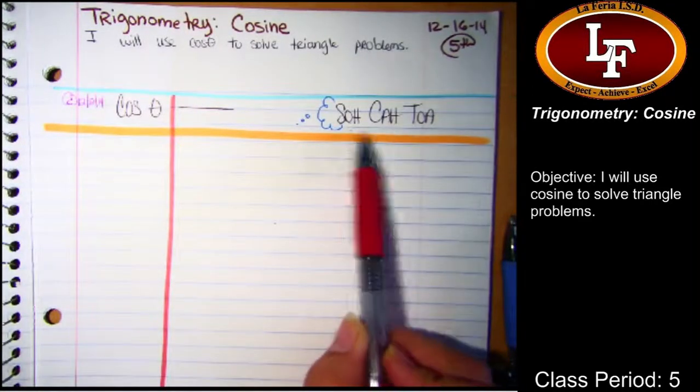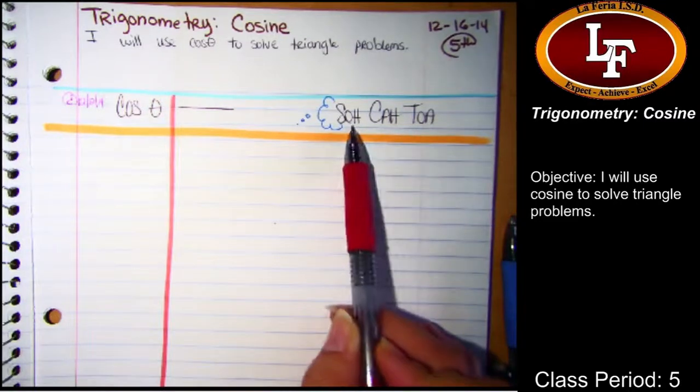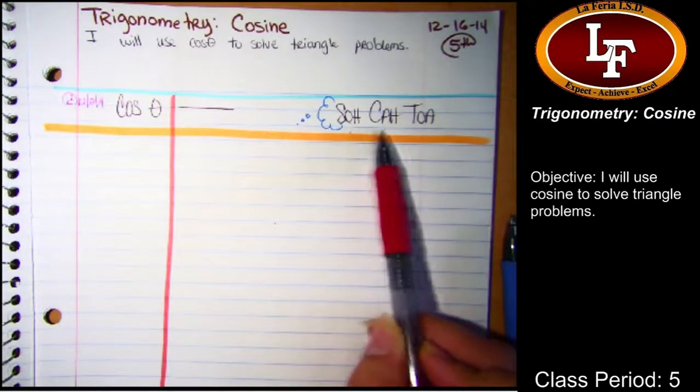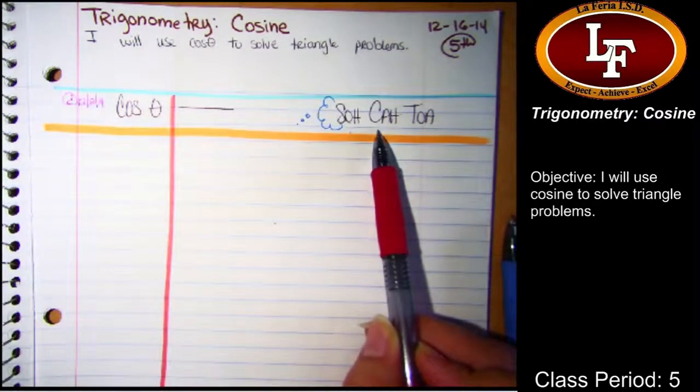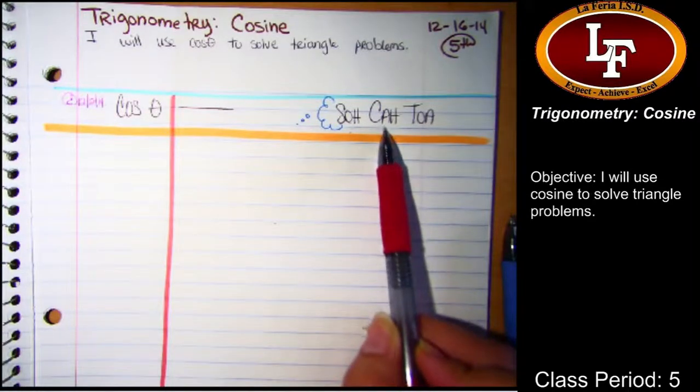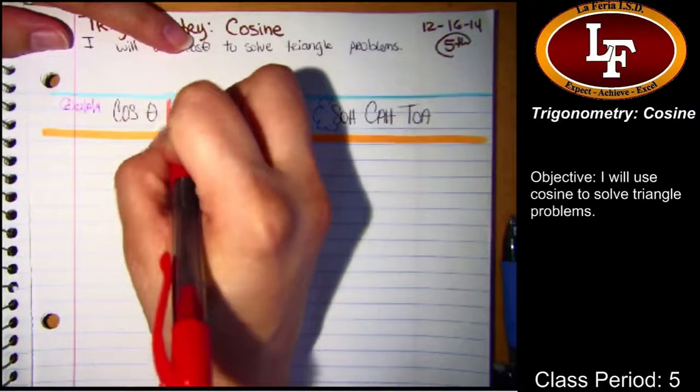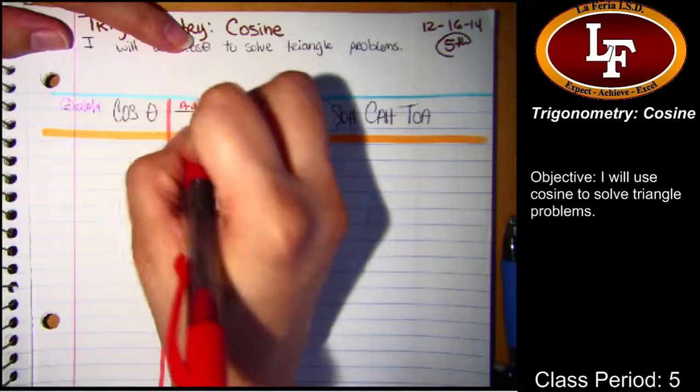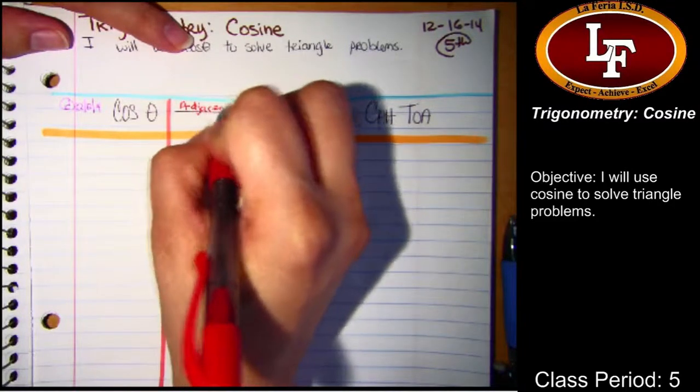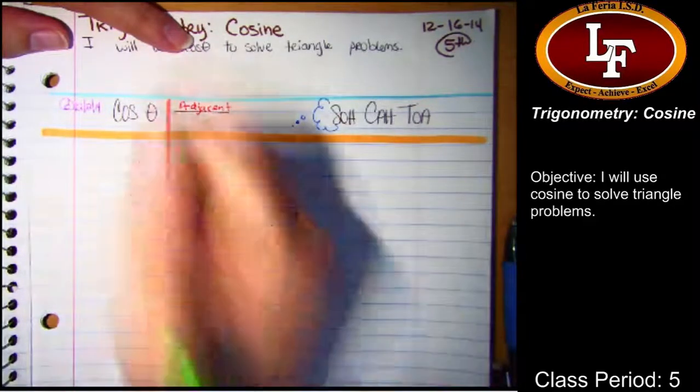SOHCAHTOA can also help you out here. Here was sine, opposite over hypotenuse. The C stands for cosine, so cosine needs to do what in the hypotenuse? Adjacent, that's what that A stands for. So, nicely done. Adjacent over hypotenuse.